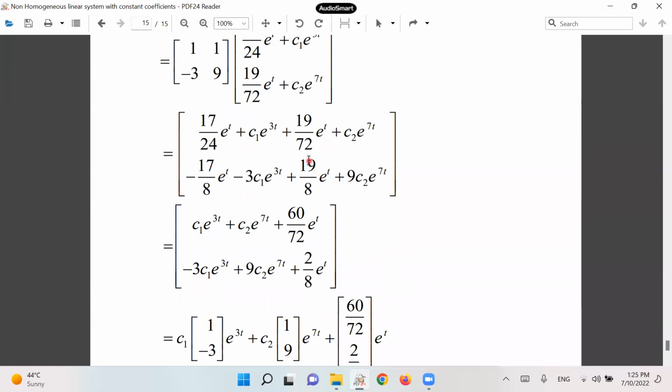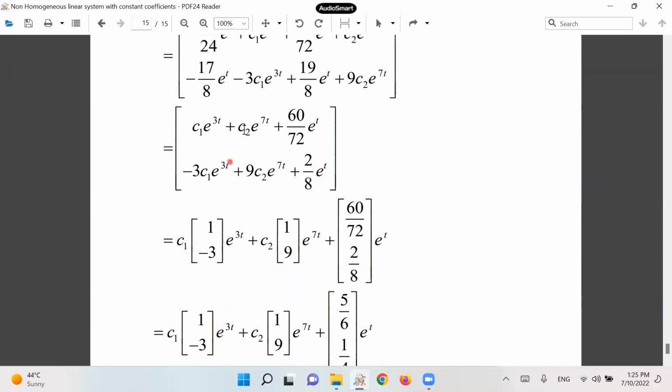When we simplify them, these two terms will be the same, minus 3 c1 e power 3t and 9 c2 e power 7t, but these two terms we can add. So when we add them and simplify, the final answer will be 2 over 8 into e power t.